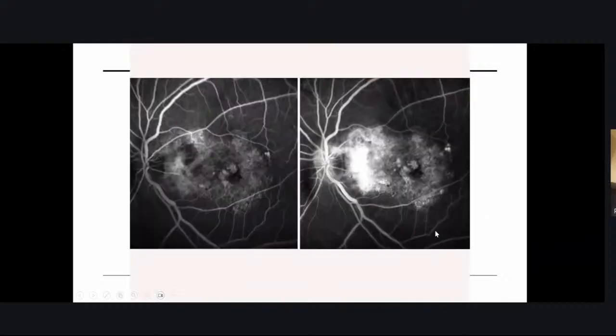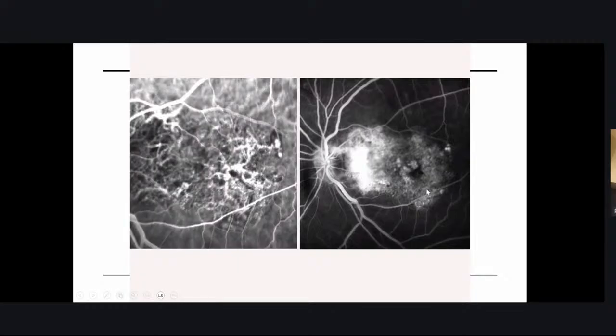Now, if you look at this particular case that we showed earlier, this is FA early and FA late. But if you image with ICG, you can actually see the vasculature underneath the RPE causing the pathology. So you can see that the area corresponding to the leakage is actually a type 1 CNV right here that is very active.